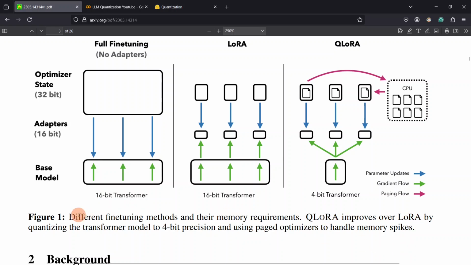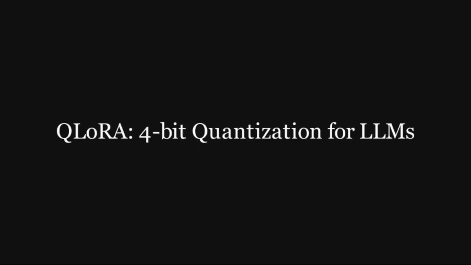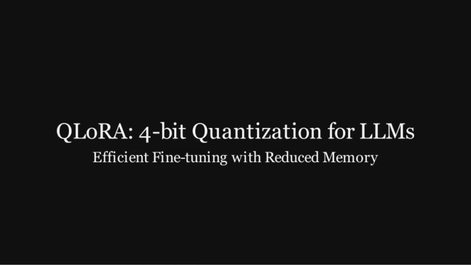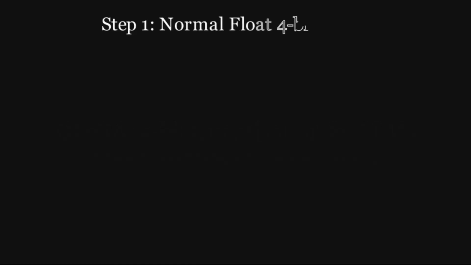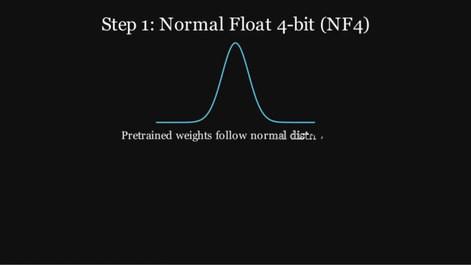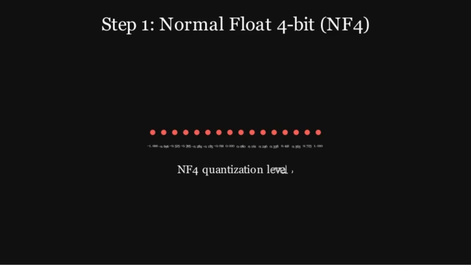QLoRA improves over LoRA by quantizing the transformer model to 4-bit precision and using paged optimizers to handle memory spikes. The steps for the algorithm are: the weights of pre-trained neural networks are assumed to follow a zero-centered normal distribution, meaning they are distributed around a central value of 0. The weights are normalized in the range of -1 to 1.